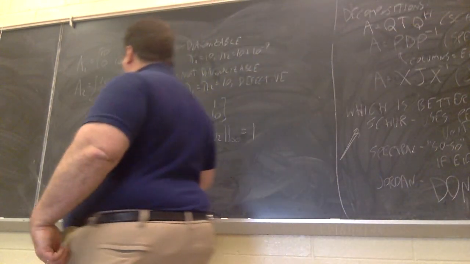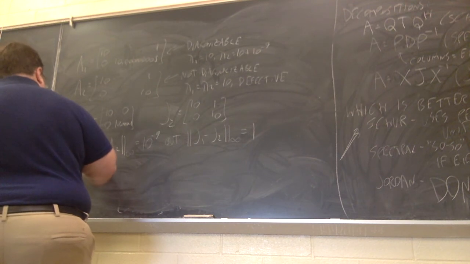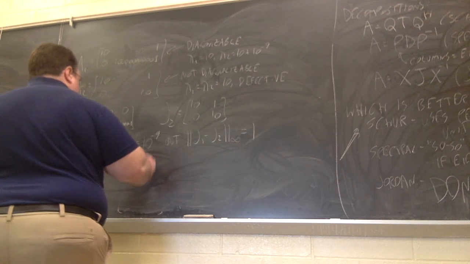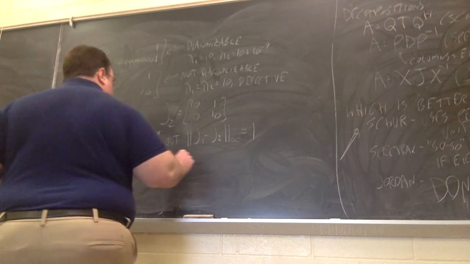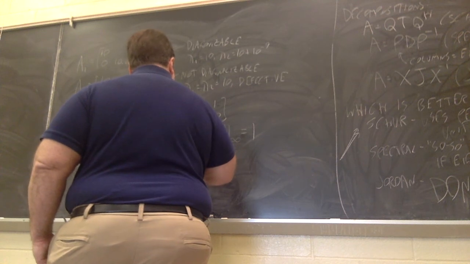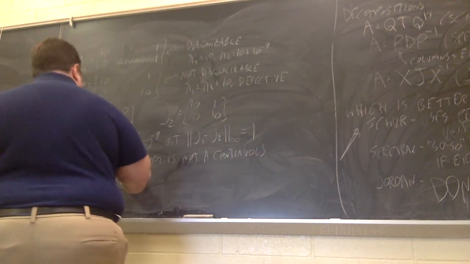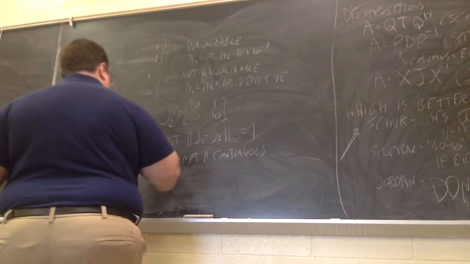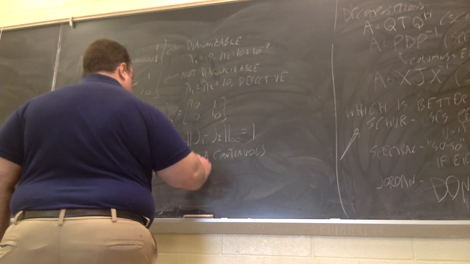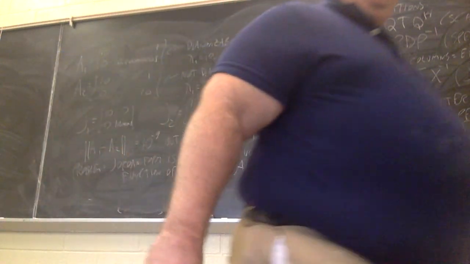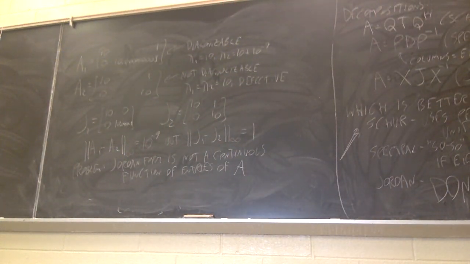Another way of putting it is that the Jordan form is not a continuous function of the entries of A. So a tiny change in A could result in a sharp jump change in the Jordan form.